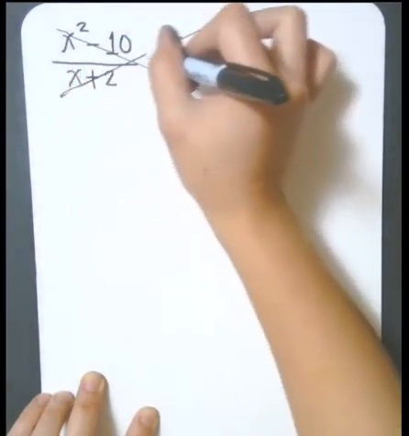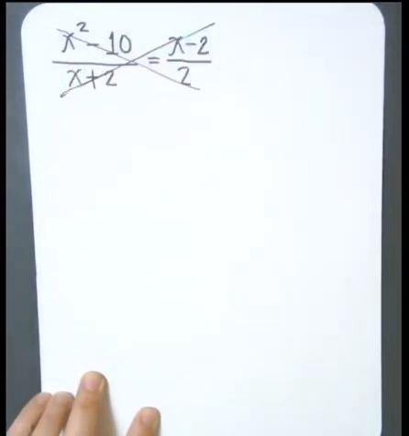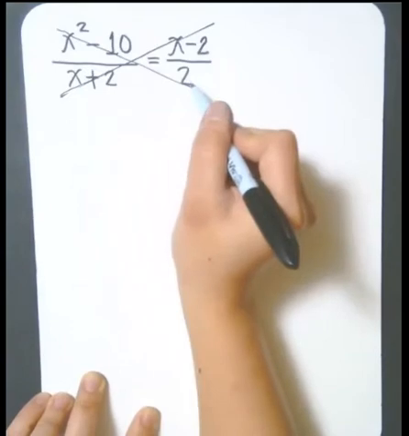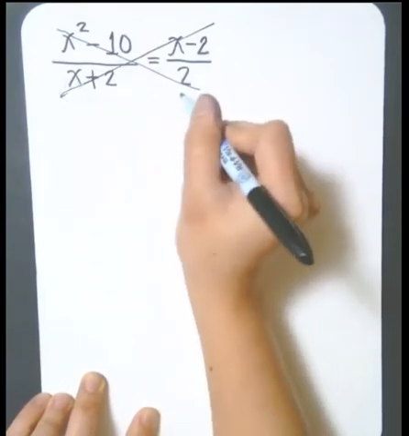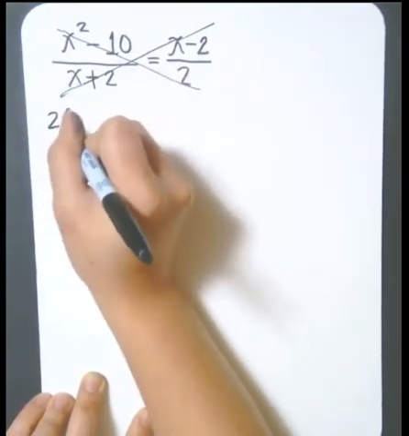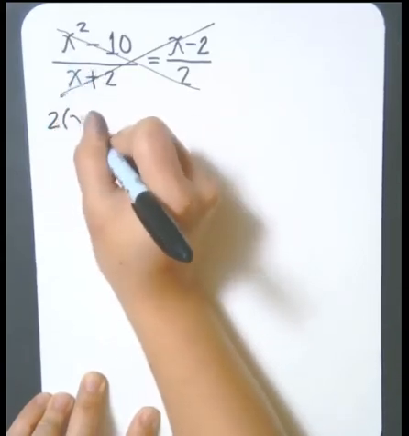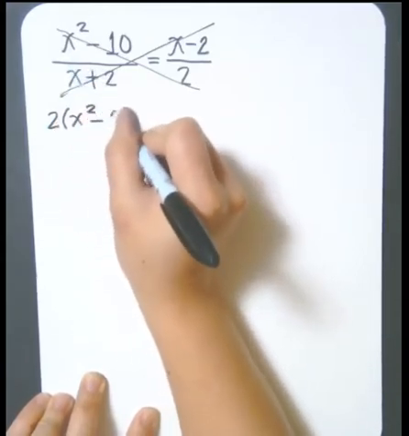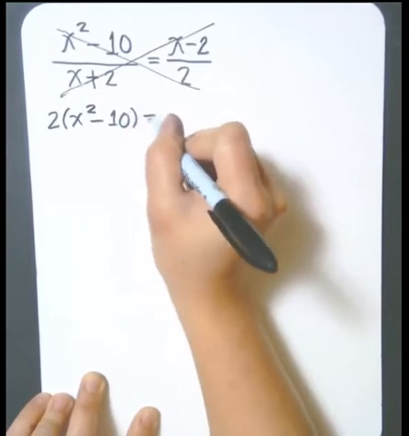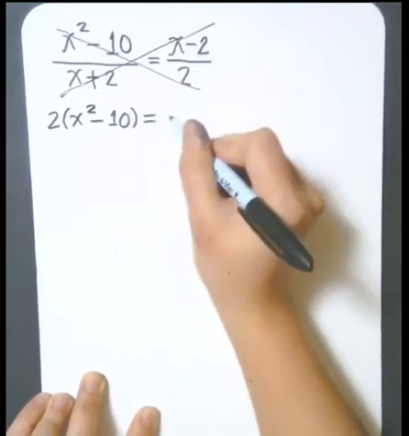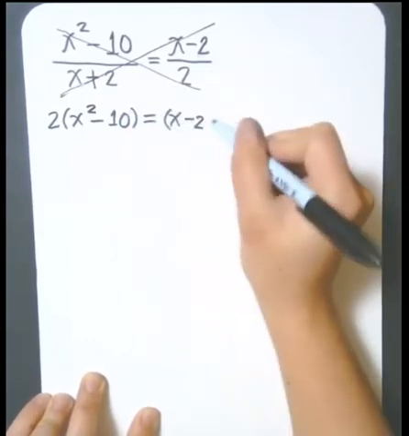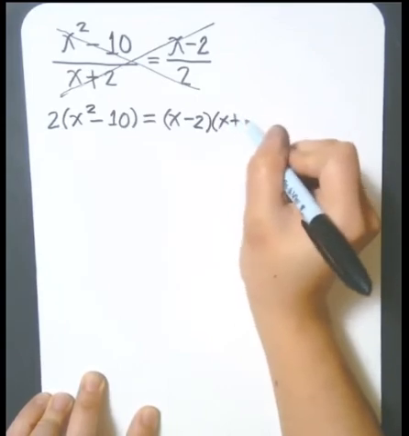We will draw an invisible x here, but it's visible. And then we multiply 2 times x squared minus 10 equals x minus 2 times x plus 2.